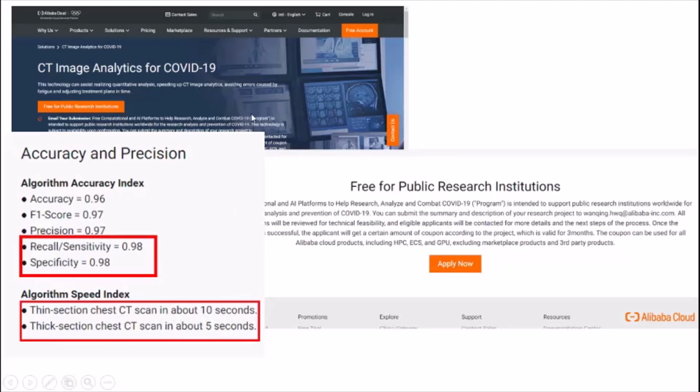From my research about this, I found out that I think many hospitals in China are actually using this system, and Alibaba made it available free for anywhere in the world. And they cannot say it's a diagnostic tool, of course, because PCR is the gold standard.